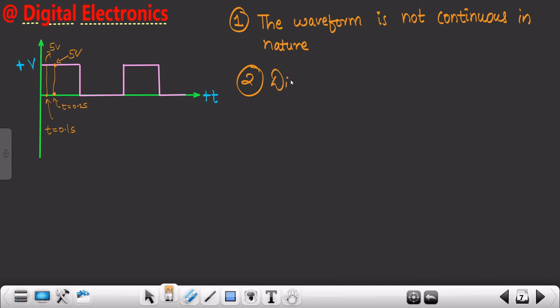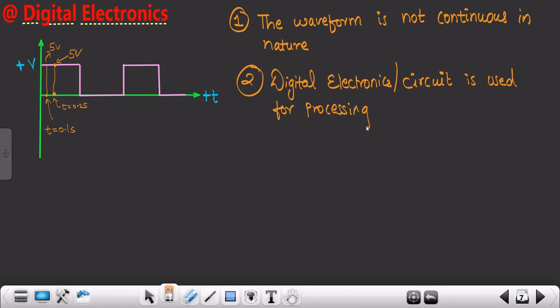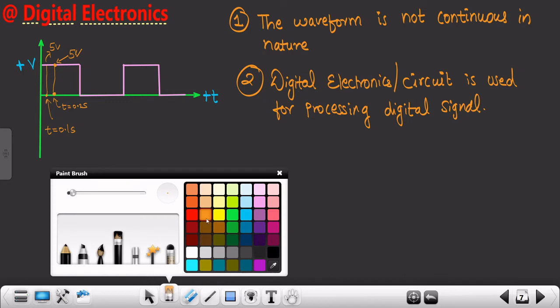So a digital circuit or digital electronic circuit is used for processing digital signal. Okay, that we'll see in the upcoming video, so need not worry about this particular part. That's not that important as far as the introduction part is concerned, right?